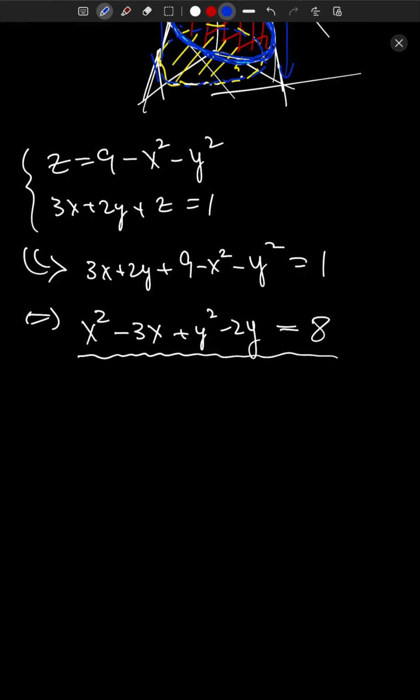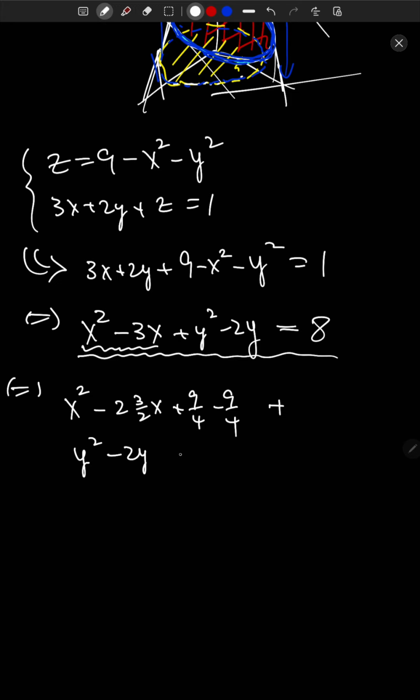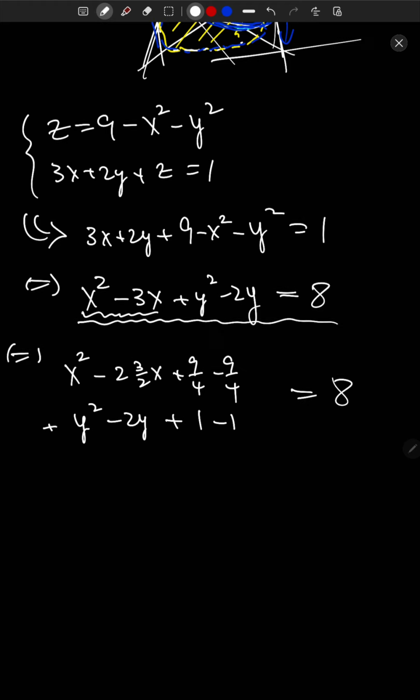So this is going to be x squared minus 2 times 3 over 2 x plus 9 over 4 minus 9 over 4, completing the square to get my x's. Plus, and then let's complete the square for the y's. That's just going to be y squared minus 2y plus 1 minus 1. That whole thing should be equal to 8.